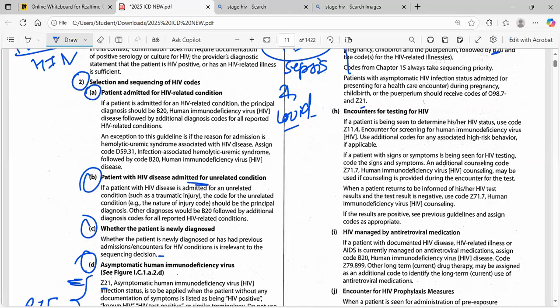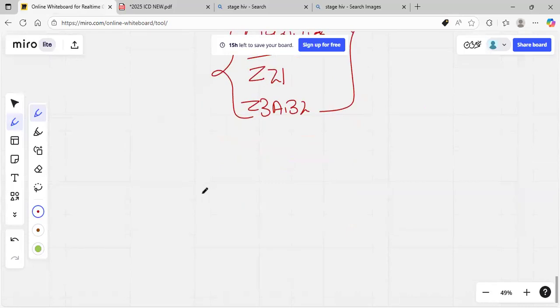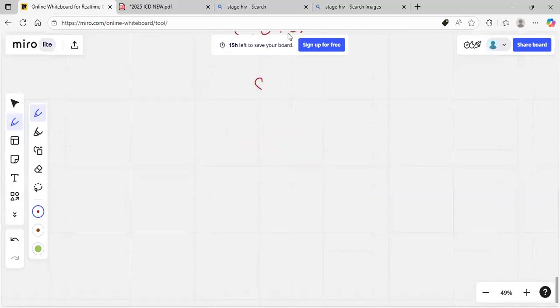Now let's move to the next topic. Encounter for testing of HIV. Whenever a patient is coming for the HIV testing or even for any screening, I'm going to discuss screening in a separate tab, because in this project we have to follow the old manual.